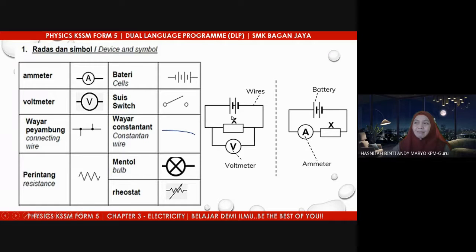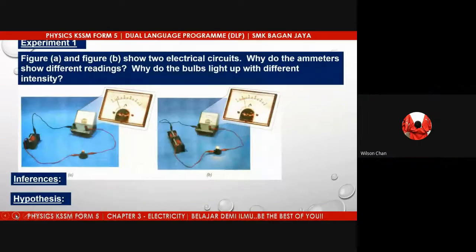Do we connect the voltmeter in series or parallel? Parallel. Very good. So remember, a voltmeter should be connected in parallel to the electrical appliance. Meanwhile, an ammeter is connected in series with the conductor or any electrical appliance. This is the basic knowledge you must have on how to connect a voltmeter and an ammeter.